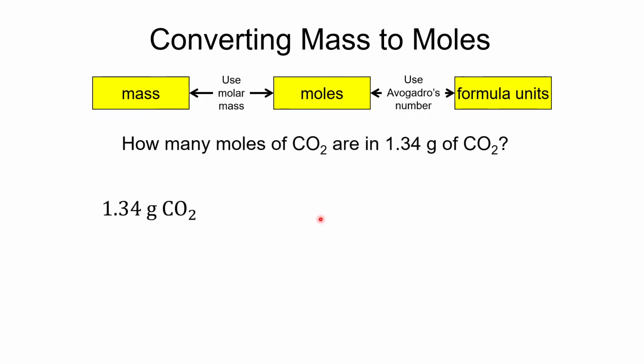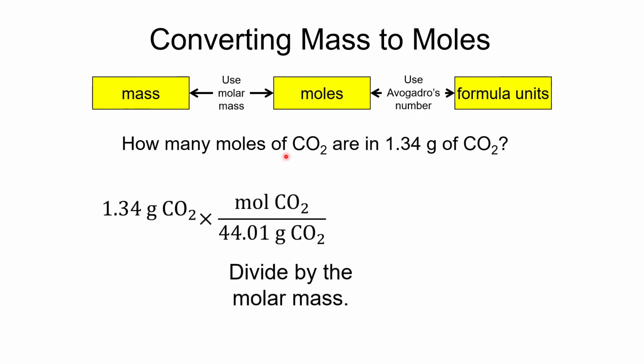So if we have a problem like this, says how many moles of carbon dioxide are in 1.34 grams of carbon dioxide? Well, here we're going from mass to moles, so we'll use the molar mass. The molar mass of carbon dioxide came out to 44.01 grams per mole. So I'm going to divide by the molar mass, and since it's 44.01 grams per mole, our moles will end up in the numerator.